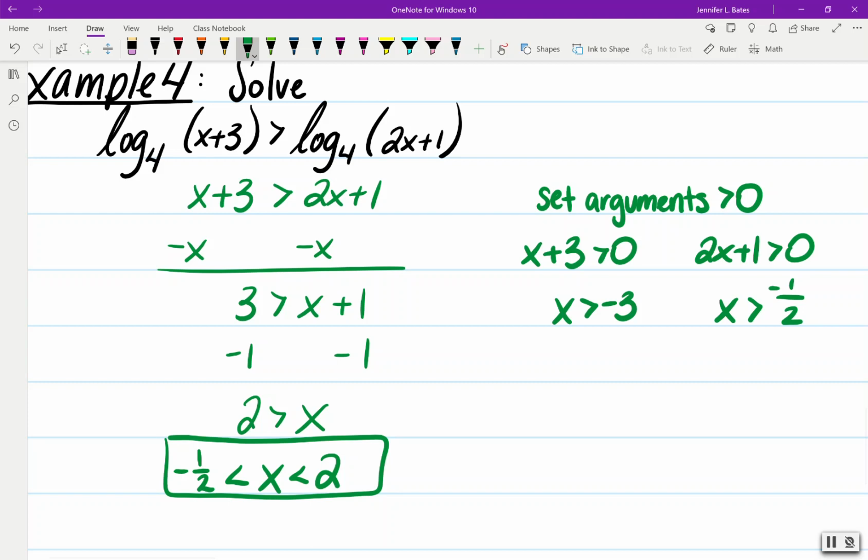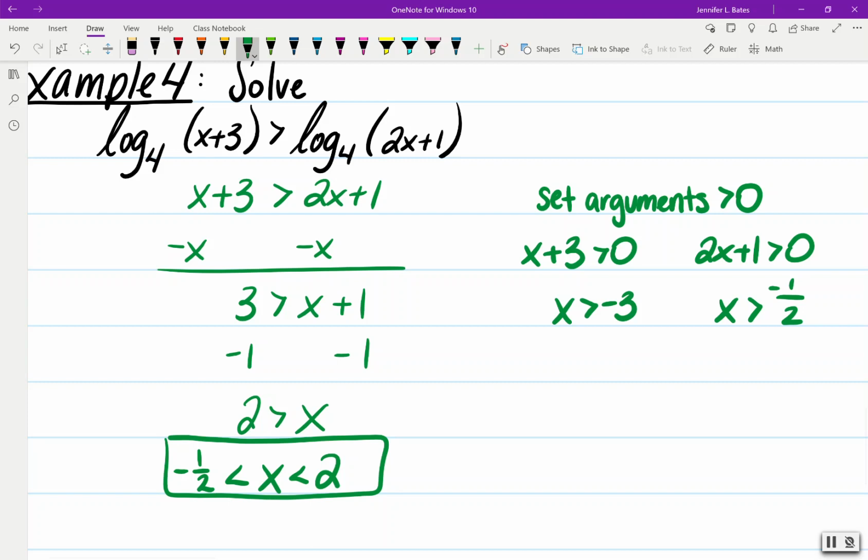But let's think about it the reverse. Is negative 2 bigger than negative 3? Yeah, negative 2 is bigger than negative 3. Is negative 2 bigger than negative 1/2? No. So we choose the bigger number because it encompasses the smaller number.